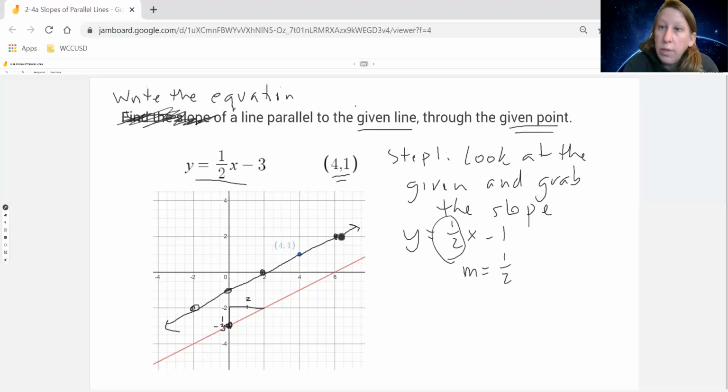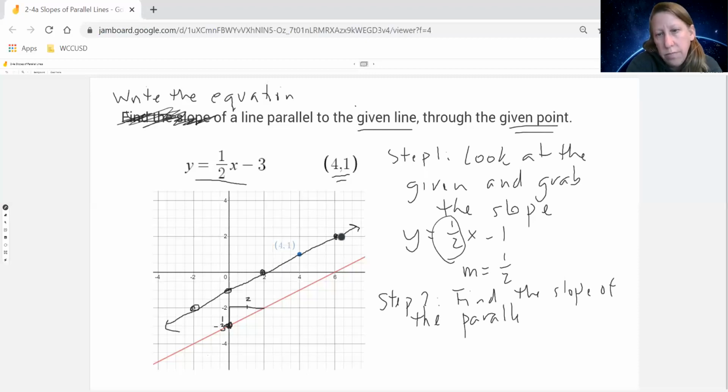Step 2, find the slope of the new line, the parallel line. Well, if the slope of this line is 1/2, the slope of the parallel line is also 1/2. One way to write that is the slope of the parallel line is 1/2.